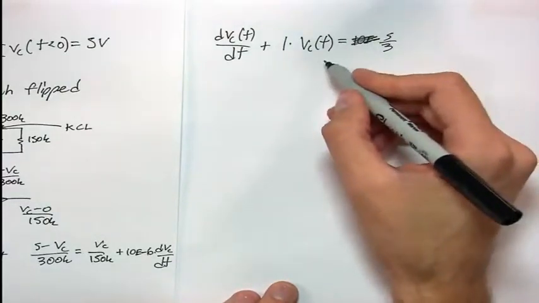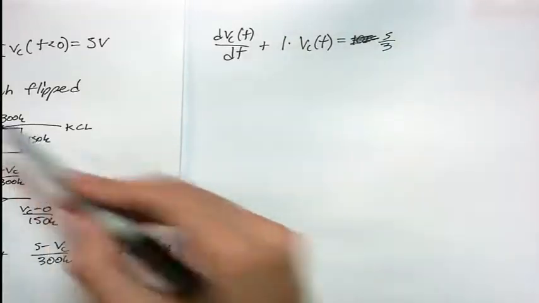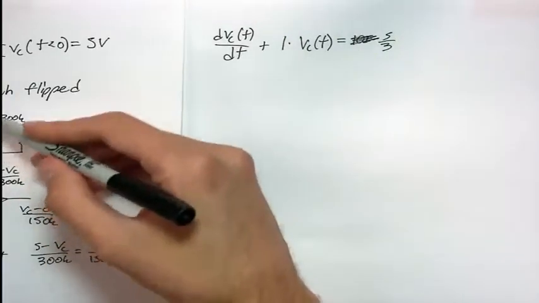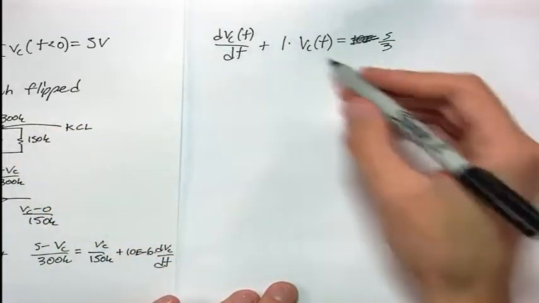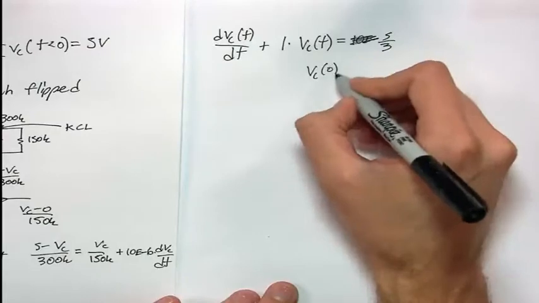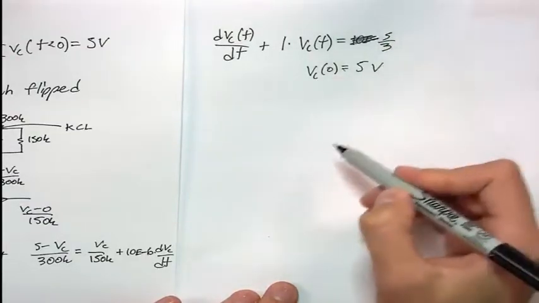So this is our differential equation for that node, and it describes the currents entering and leaving that node. And we also know that Vc at t equals 0, right when the switch flips, is 5 volts.